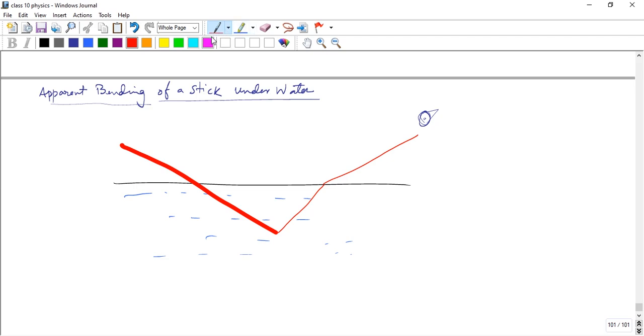If I join these lines in a straight path, the end of the stick rises to this point. Now let's see the observer here. Because of the bending of light, the observer sees the stick's end at a different place.